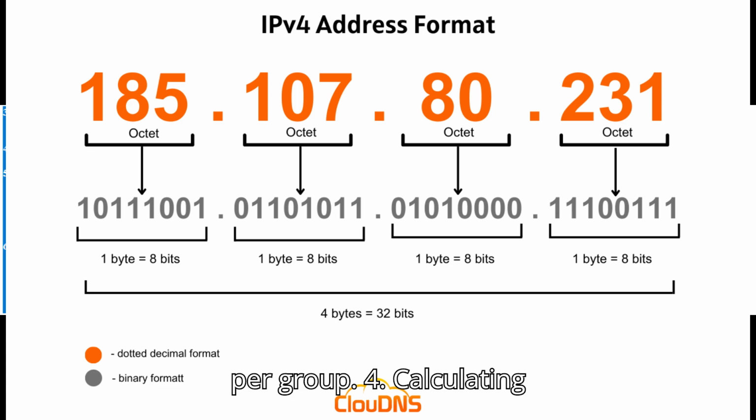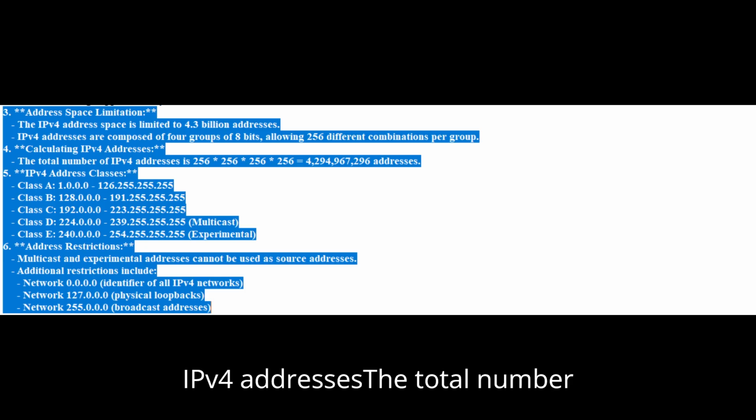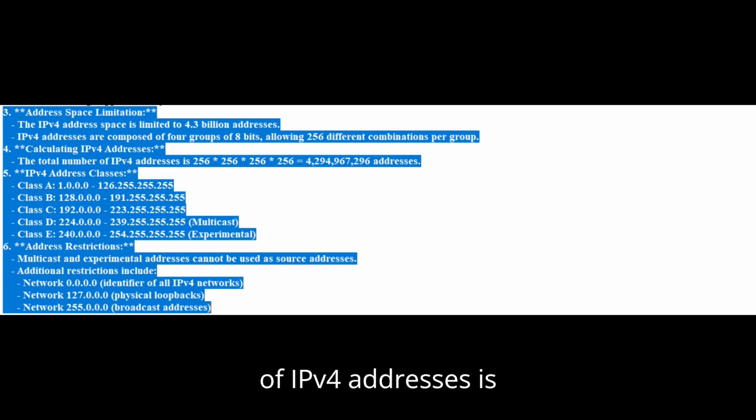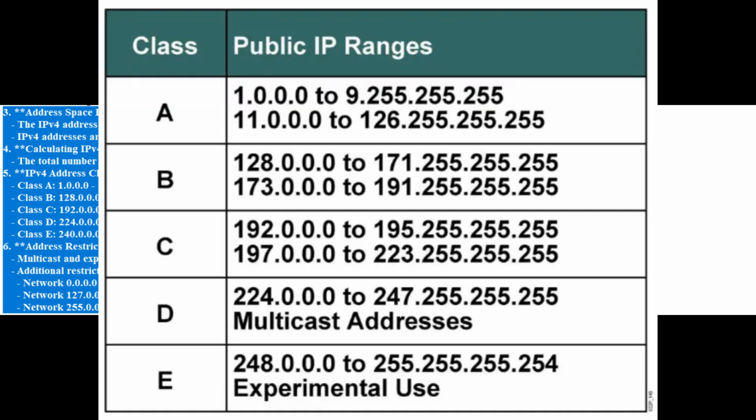4. Calculating IPv4 addresses. The total number of IPv4 addresses is 256 × 256 × 256 × 256, which is equal to 4,294,967,296 addresses. 5. IPv4 address classes. Class A: 1.0.0.0 to 126.255.255.255.